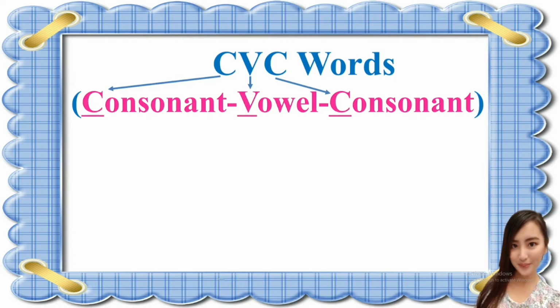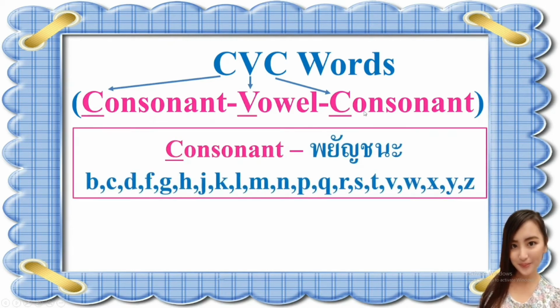Next. Okay, so before we discuss the next rule, let us first learn about CVC words. What do you mean by CVC words? CVC means consonant, vowel, consonant. What do you mean by consonant?